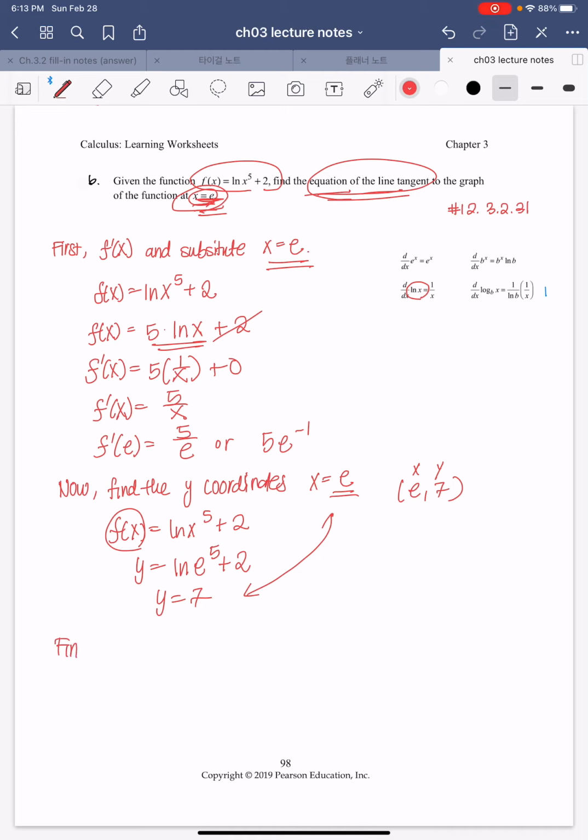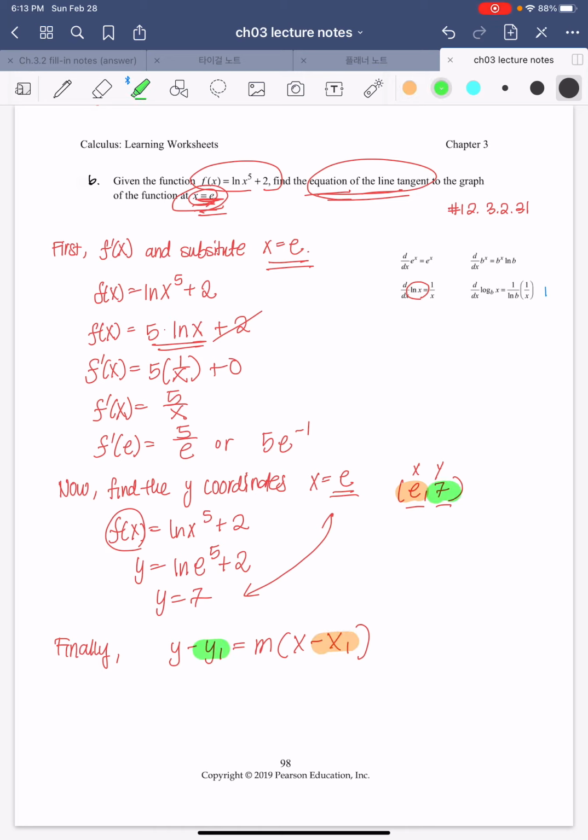So finally, we have the point slope form, y minus y1 equals m times x minus x1. So let's plug it in. Here's your x and y that we found. X value, that's going to be your point, right? And then y value here.